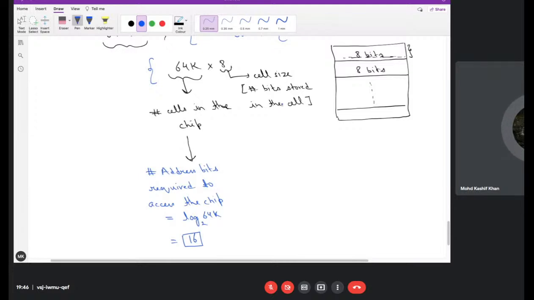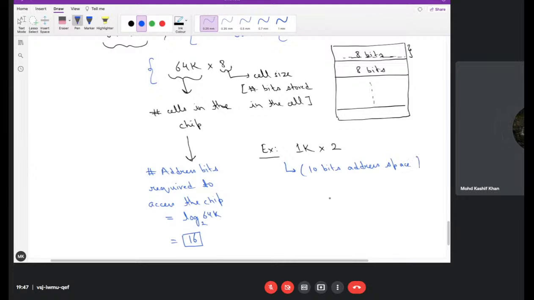Now I hope all of you have noted it down. We will see a few more examples of configurations. In the exam, they ask in a tricky way. For example, suppose they have given 1K cross 2. So 1K cross 2 means the number of address bits is 1K, 2 to the power 10, so 10 bits address space.